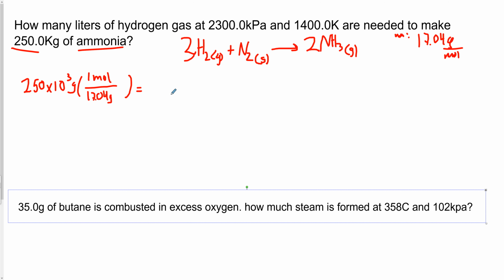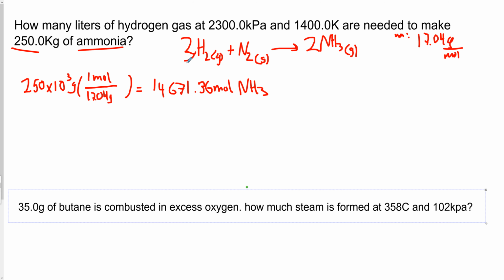So 250 times 10 to the 3 divided by 17.04 gives me a very large number, 14,671.36 moles of ammonia, NH3. So now we can use our mole ratio, because we have a number in moles, and we'll get our moles of hydrogen gas.